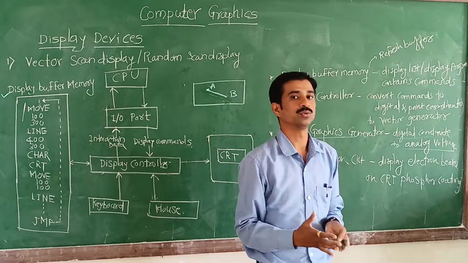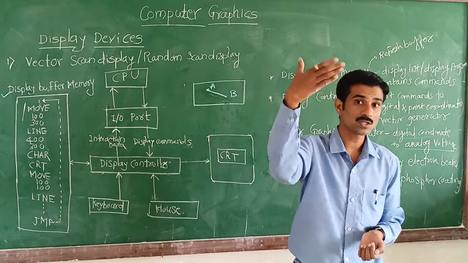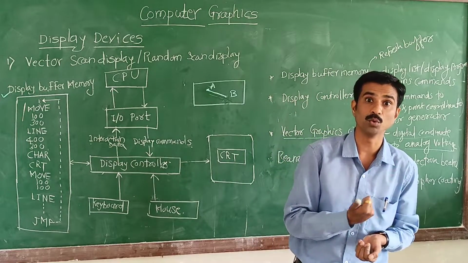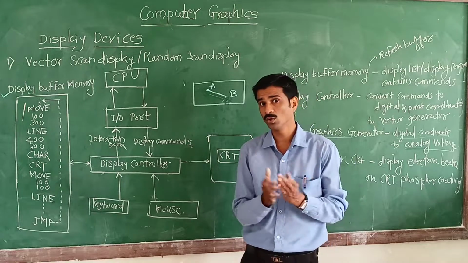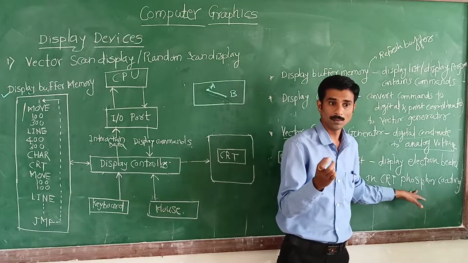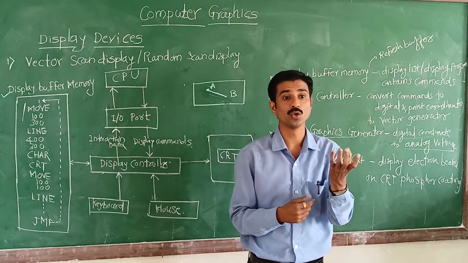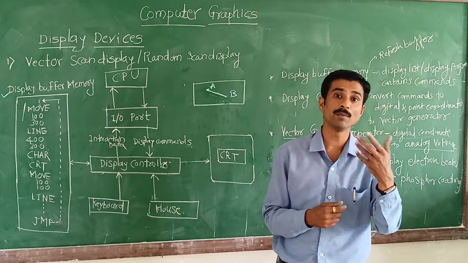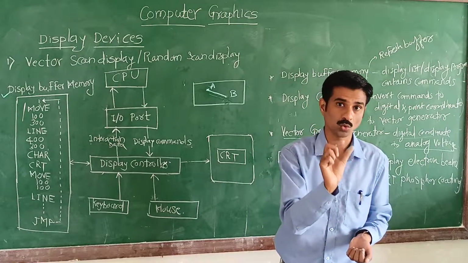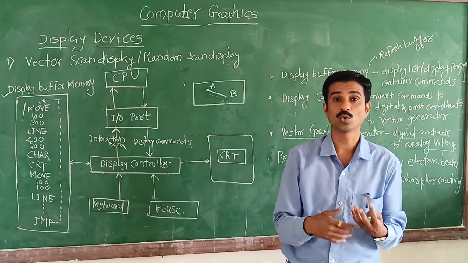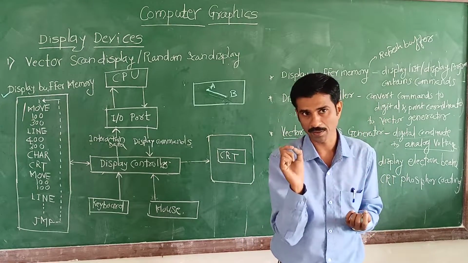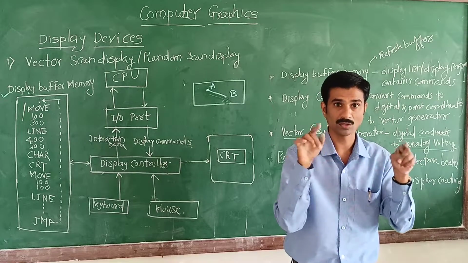The CRT tube contains phosphor coating or phosphor dots made of RGB, red, green, blue. When the electron beam strikes that phosphor coating, it will start to glow, and that is why we see a particular line, dot, or character on the display device.